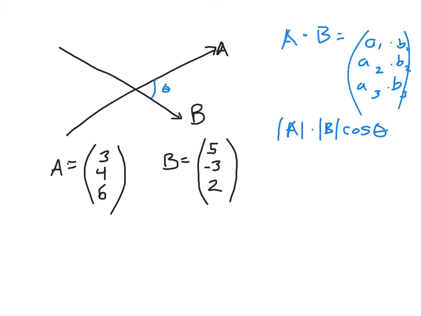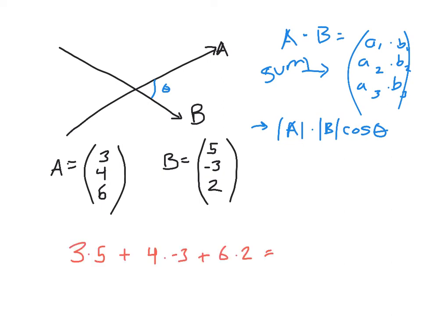Now, one thing you might be noticing right now is that this second value should be just one value, yet this one we've got three different values. Well, we're going to stop using column form to find our actual scalar product, because in base form, this is actually just the sum of the three values. So we're going to be comparing the sum of the three values to this value, A times B cosine theta.